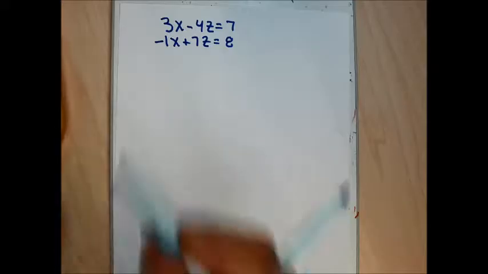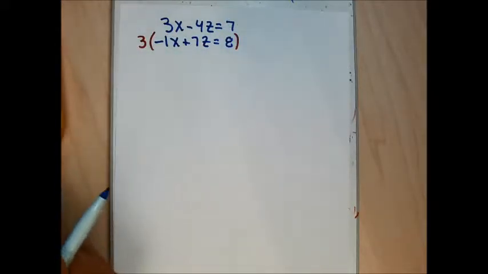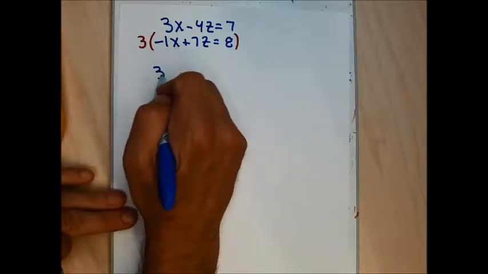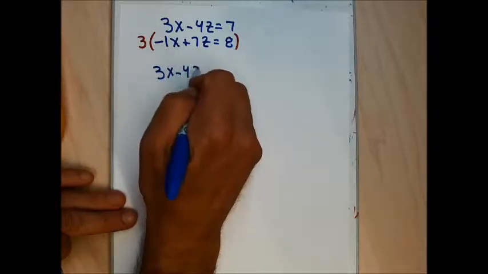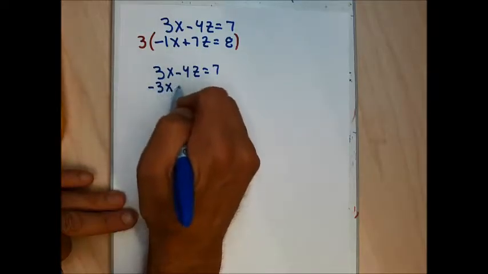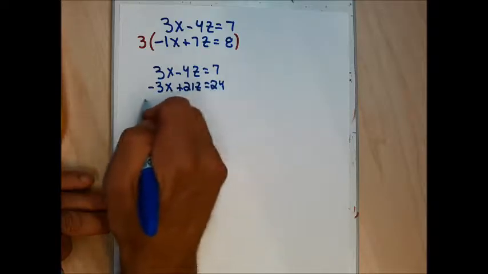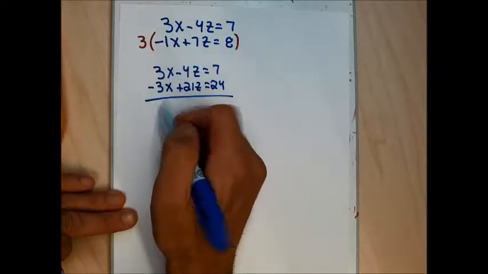I'm going to start solving this by dropping out the x's. I'm going to multiply the bottom by 3 and leave the top alone, which is going to give me 3x minus 4z equals 7. And negative 3x plus 21z equals 24. Add these together. X's cancel.